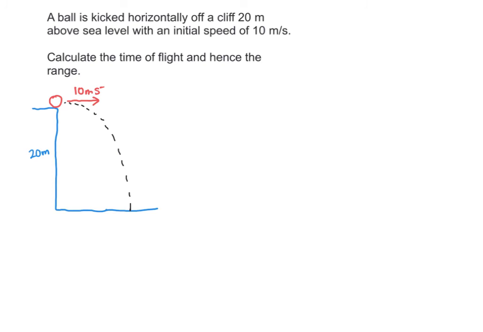The information that we know is that the vertical displacement is 20 metres, and the horizontal velocity initially is 10 metres per second, and because it's horizontal there is no vertical component, so the initial vertical component of velocity is 0 metres per second.